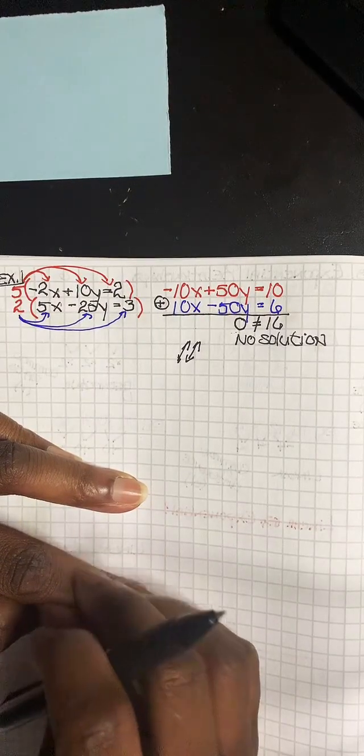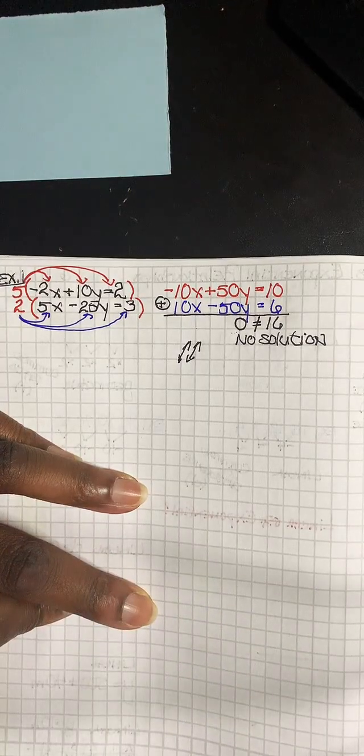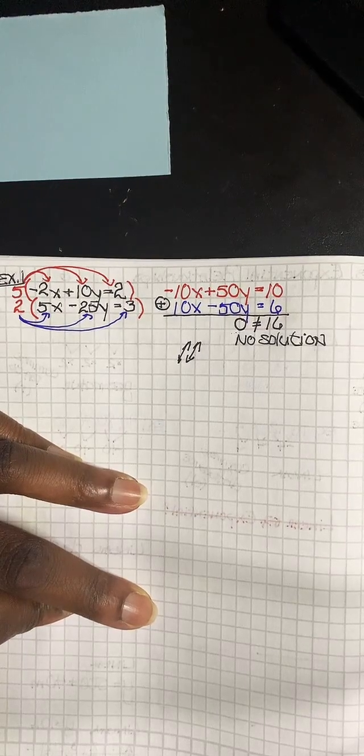There's something else that they always ask about systems. Yep, they never meet, but there's something else. It's not the physical attributes about the lines. It's about the equations. What is it about the equations that we know about parallel lines?